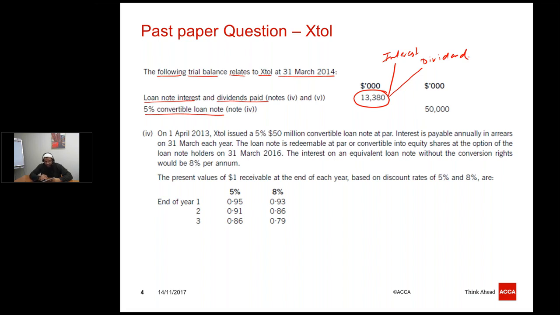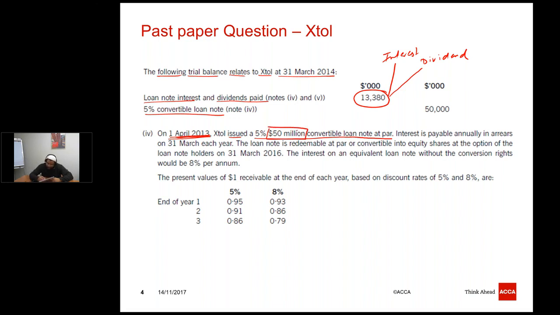So let's see. The question says that on 1st April 2013, which was exactly the start of the year. Yes, Saad, convertible loan notes means compound instrument or hybrid instrument. It is the same. So on 1st April 2013, Extol issued 5% $50 million convertible loan notes at par.